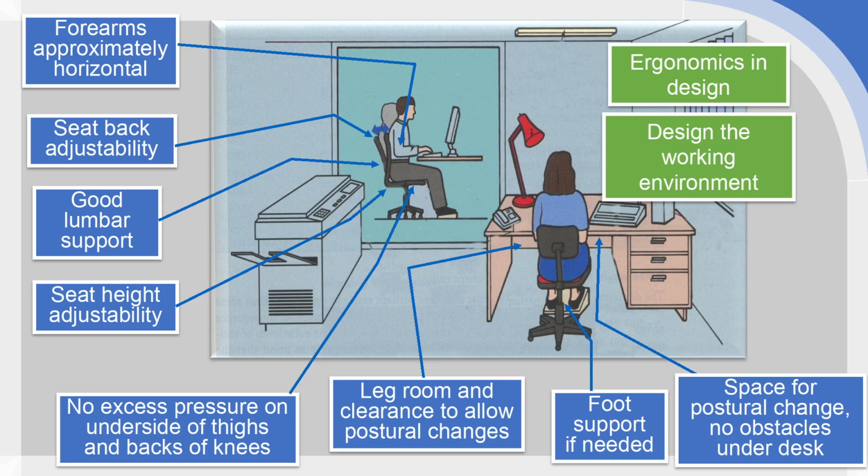So having the equipment at a particular level or within easy reach, so as to minimize having forearms, in the example at the top, higher or lower, which will cause long-term strain, making sure there's suitable lumbar support in the chairs, as well as having adjustable seat height for people of different heights.